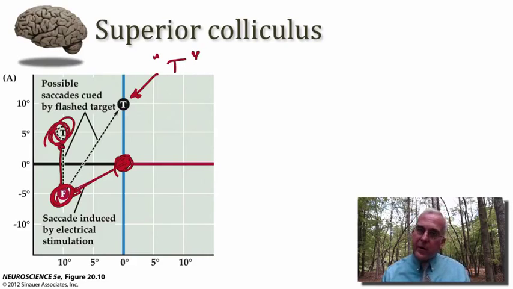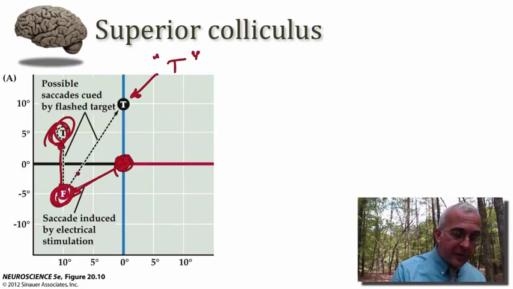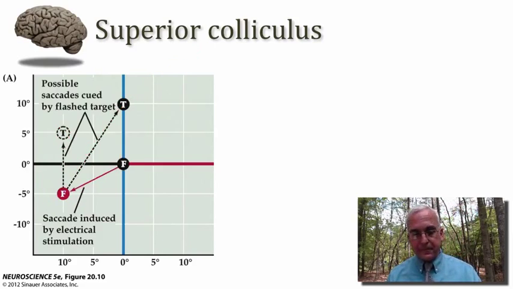However, if there's some more complex integration of position of the eyes in the orbit, remembering the location of the visual cue to which a saccade must be made, then perhaps the monkey will actually make a saccade back to the original location of the target T.